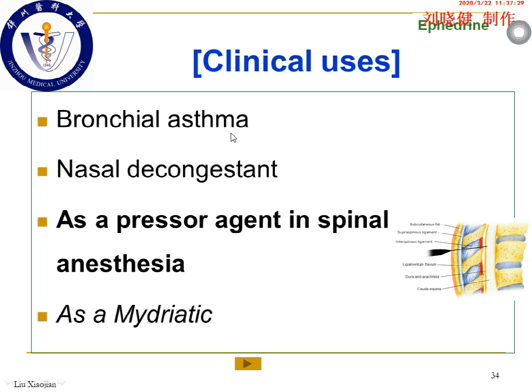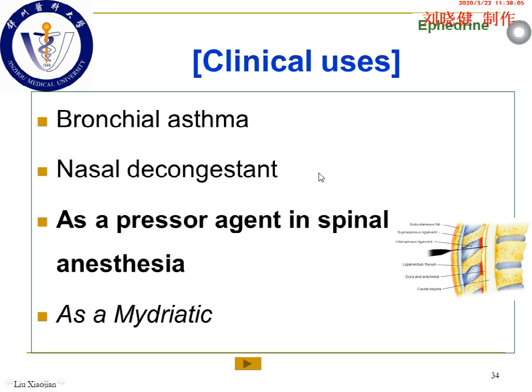So based on its pharmacological effects, ephedrine can be used to treat bronchial asthma, but don't forget it is not a catecholamine. Its effect has a slow onset, so it also has a mild effect. So this is just used for mild asthma, not acute serious asthma.